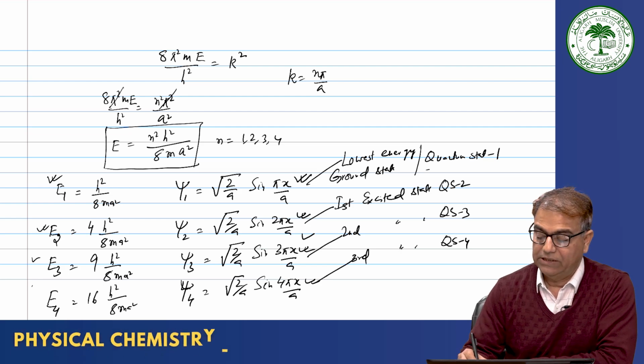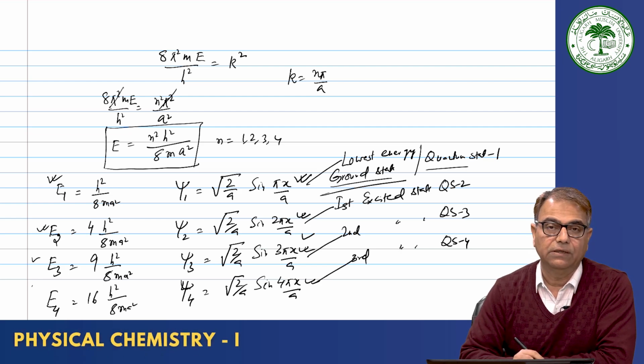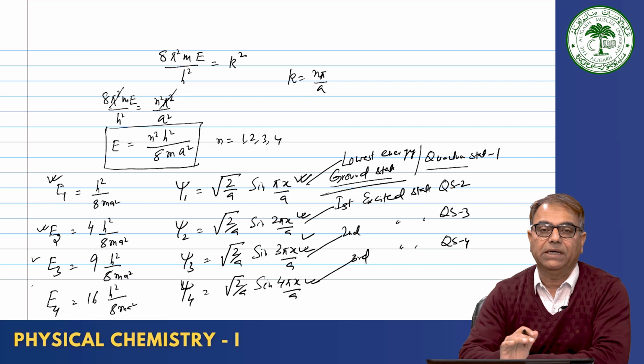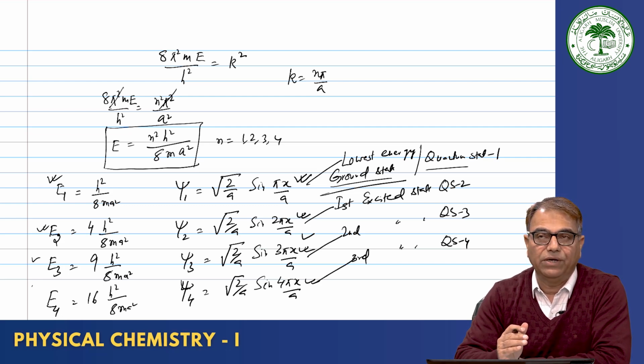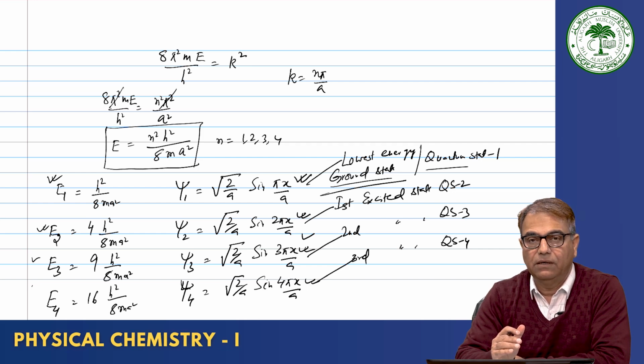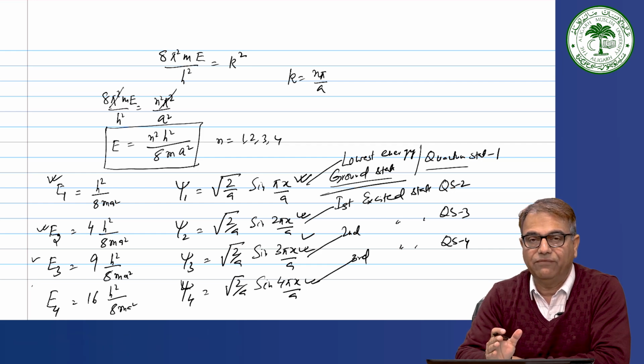The lowest energy state is called the ground state energy. So for a particular one dimensional box, we have different energy values, and for each quantum state we have different wave functions, and those are the normalized wave functions for a particle confined within the area of 0 to a.